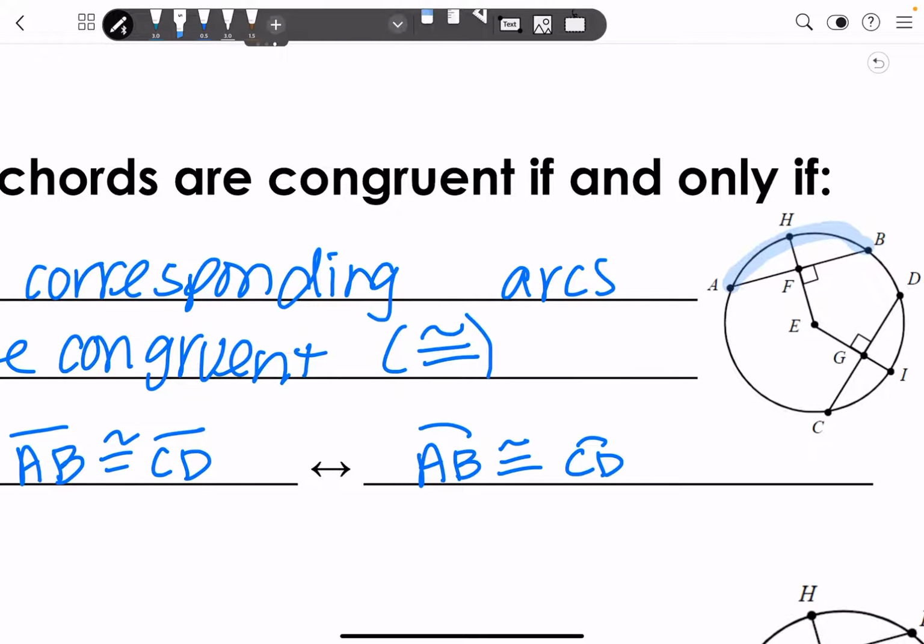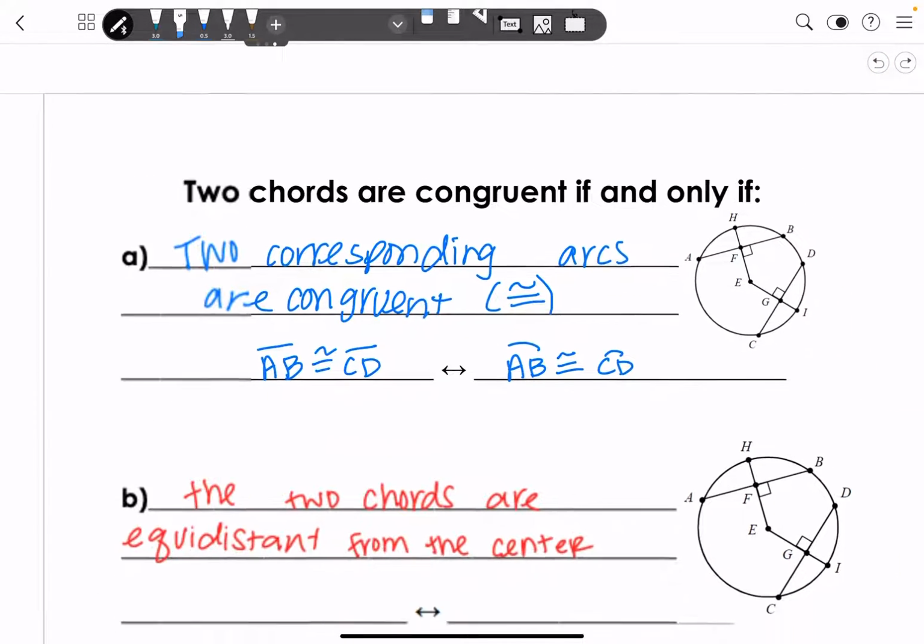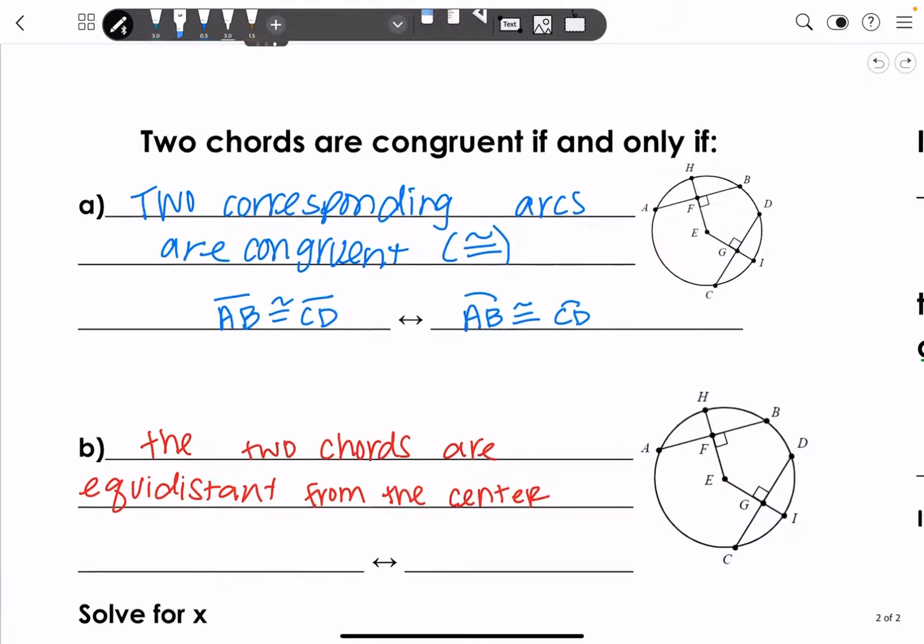So if these 2 are congruent to each other, then AB and CD are congruent to each other. And now the reverse can also hold true. So that if AB and CD are congruent to each other, then their arcs are congruent to each other. It's kind of like when we were working with triangles and the angles and we were pointing at them, if that brings back any memories.